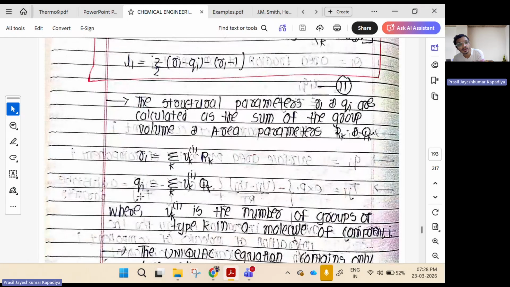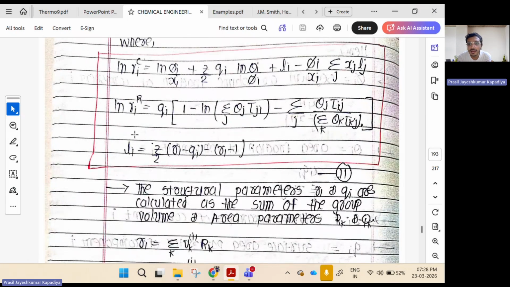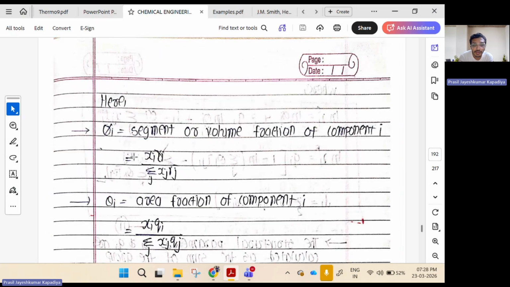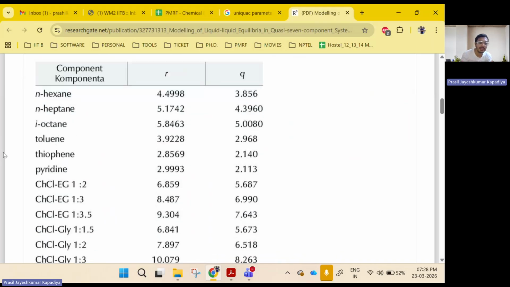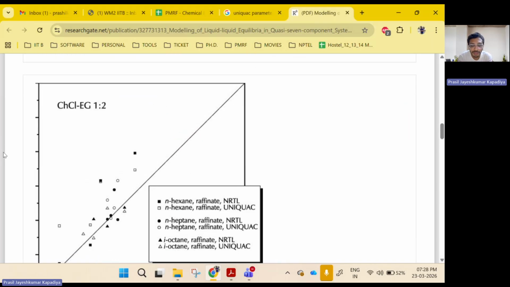From R and Q, we find L, and this L we put here; phi and theta, we find from here. So this is very complex. It looks very easy, but it is not.